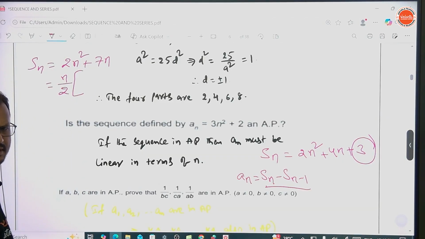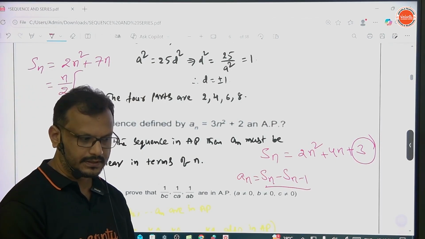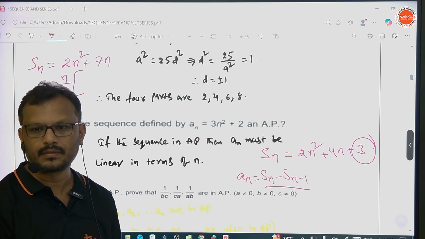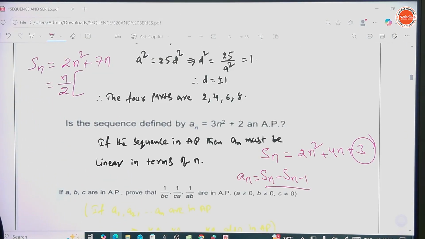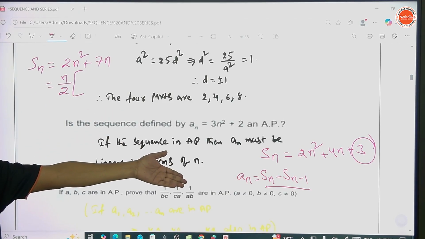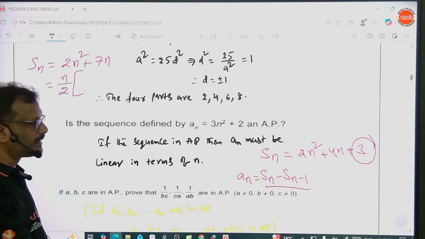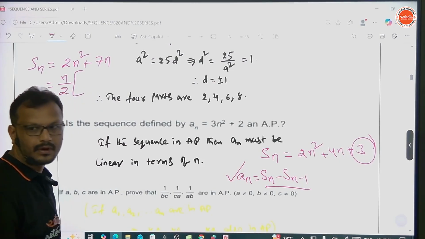First term S1 means the sum of one term only. If you substitute 1, you get the first term. Otherwise, you can find the nth term also by using this formula.